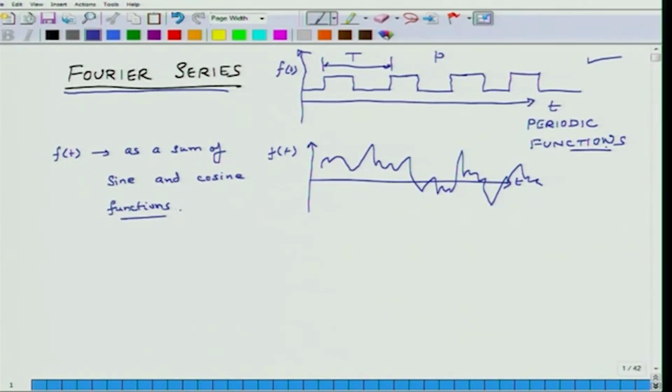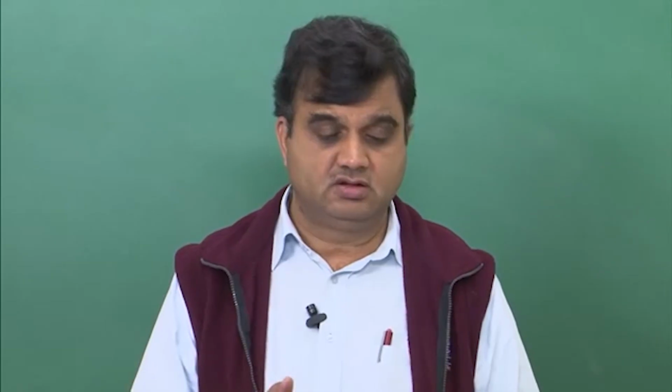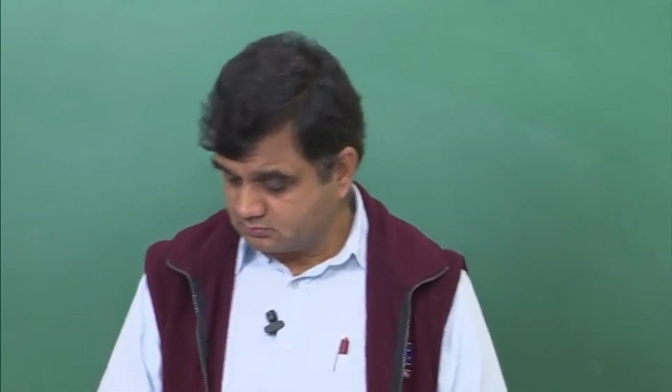That is our fundamental goal, that if we have a periodic function, can I express it as a sum of sine and cosine functions? The question will be, why are we interested in doing that?